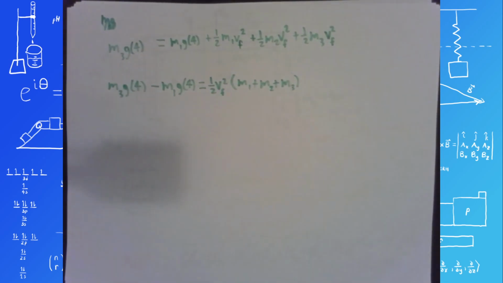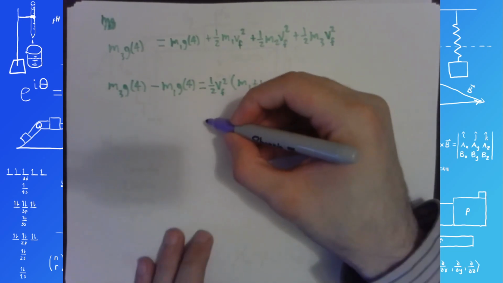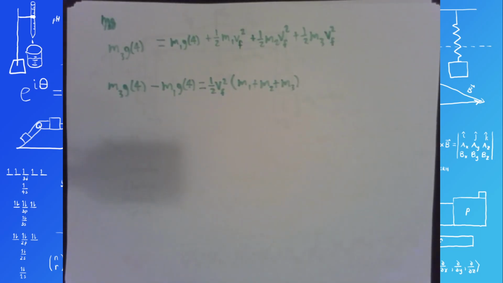Okay, and I can multiply by 2 and divide by that sum, and I will have my final expression. So, and take the square root. Hold on, that's not the color I wanted. This one.